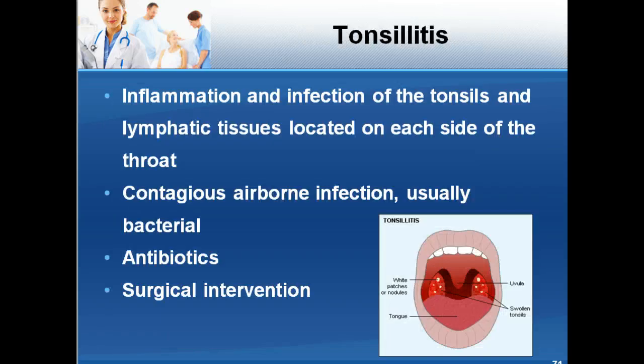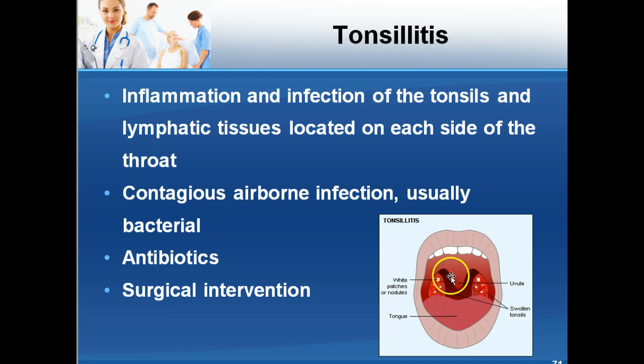Okay. And then on tonsillitis, everybody knows about that: inflammation and infection of the tonsils, the lymphatic tissues located on each side of the throat. They show the white patches or the nodules right here. Here's the uvula and the tongue.